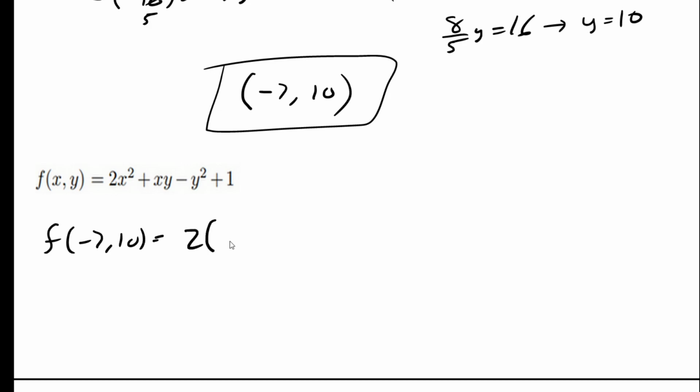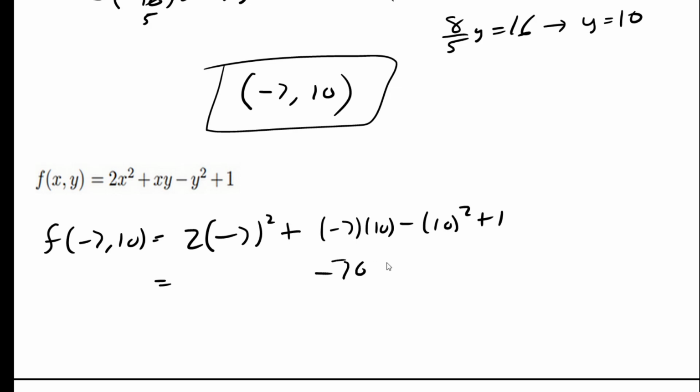So that's 2 times minus 7 squared plus minus 7 times 10 minus 10 squared plus 1 equals, this is minus 70 minus 100 plus 1 plus 49 times 2. 49 times 2 is what? 98?